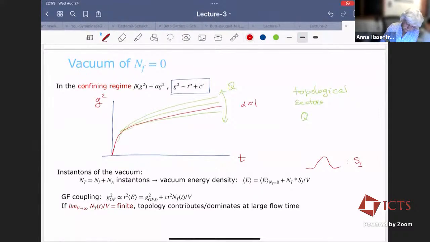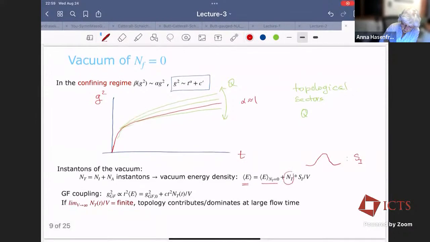That is, the energy density can be written as the energy density without any topology, plus the number of topological objects times the energy of a single instanton divided by volume, because we're talking about energy density. That's a fairly straightforward, can't-go-wrong argument. So again, N_T is the total number of instantons, both instantons and anti-instantons.